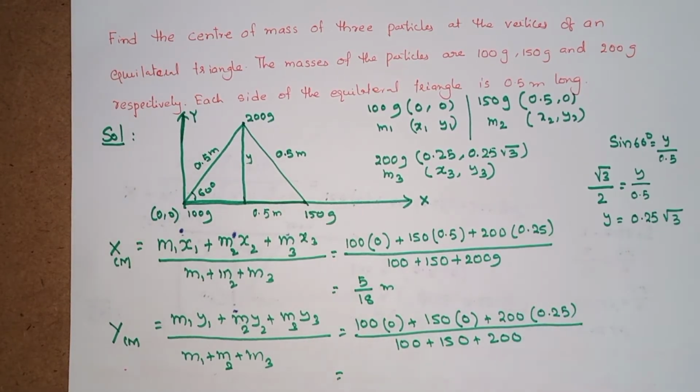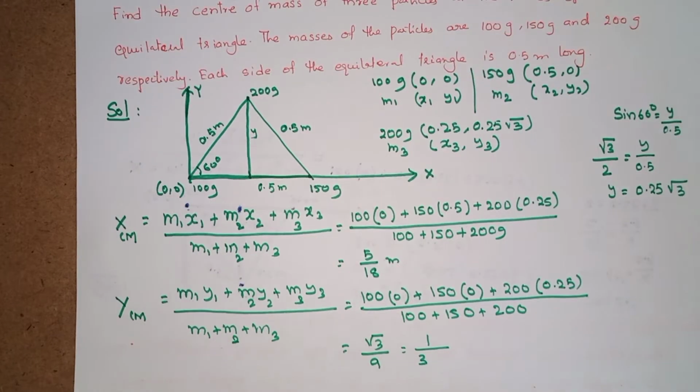After doing the calculations, we get root 3 by 9, or 1 by 3 root 3 meters.